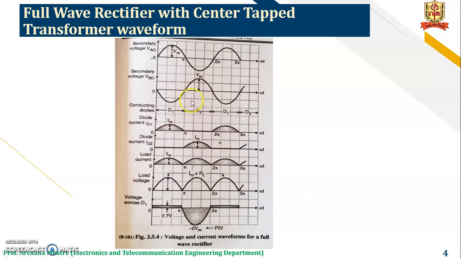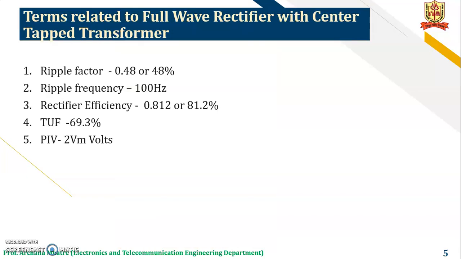Here you can see that diode D1 conducts in the positive half cycle while diode D2 conducts in the negative half cycle. That means for the positive and negative half cycles, diodes D1 and D2 conduct alternately. So we get output voltage for the positive as well as negative half cycle. That's why it is called a full wave rectifier.